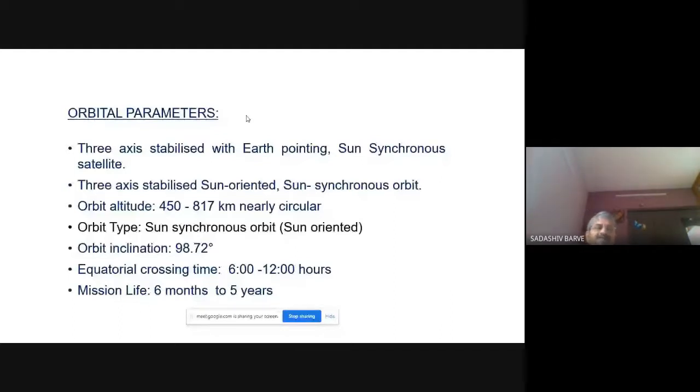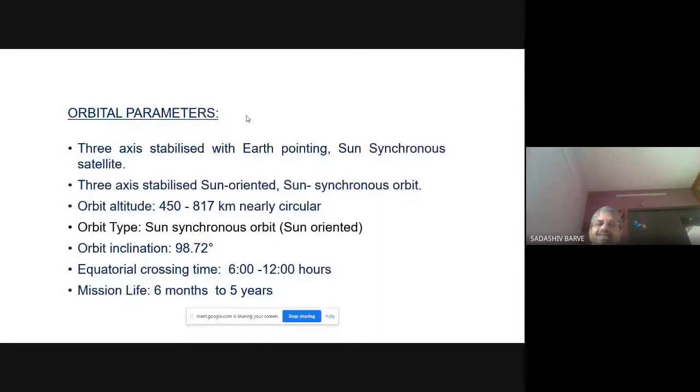If somebody wants 6 o'clock or 9 o'clock equatorial crossing time, that satellite needs to be a sun synchronous satellite, because as the sun moves in an imaginary plane, what we call the ecliptic plane, and the satellite moves in the orbit around the Earth, the angle between the sun, the Earth and the orbit plane remains nearly the same. There we call it sun synchronous orbit.